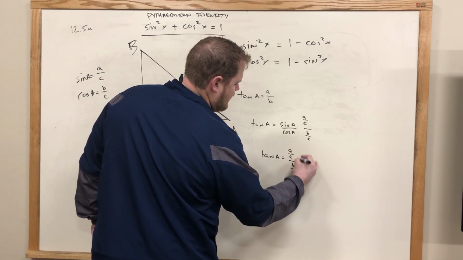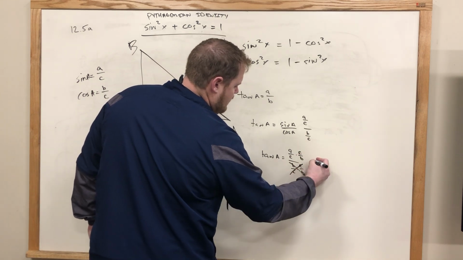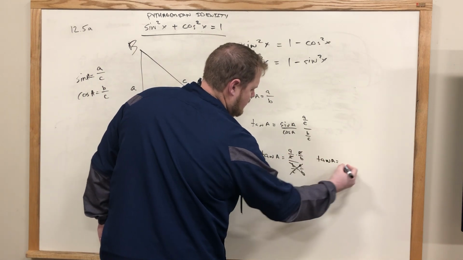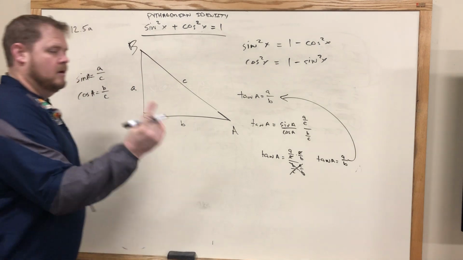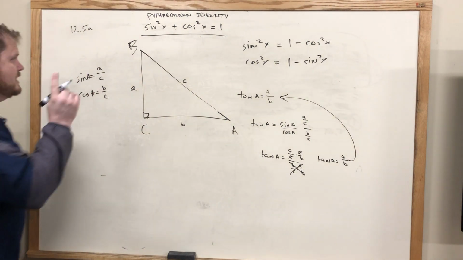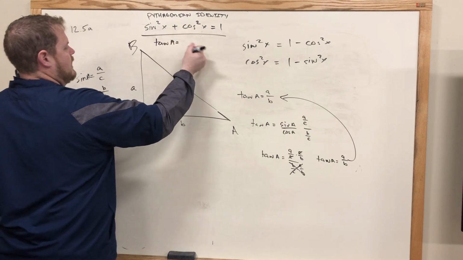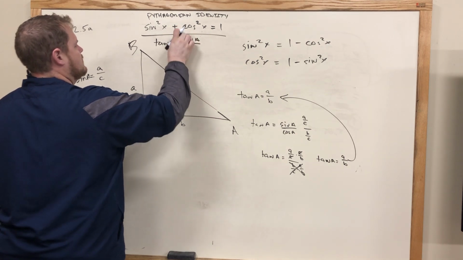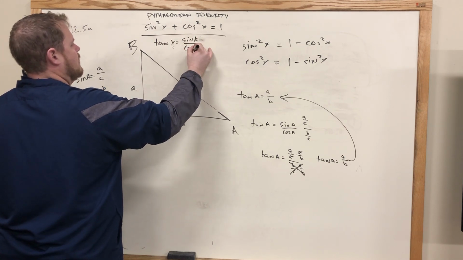Multiply by C over B, multiply by C over B. These cancel out. Tangent A equals, class, A over B. Sound familiar? It does. So another thing you need to remember is that tangent A is represented by sine A, or we'll say X, so no confusion there, over cosine X.